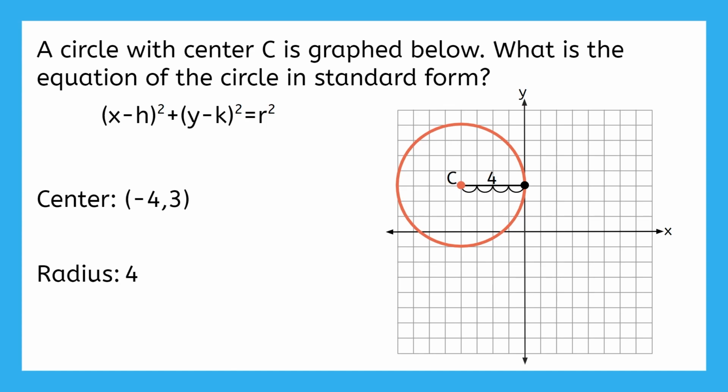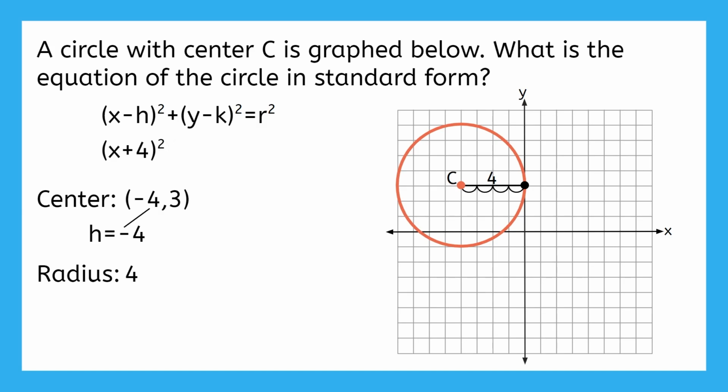Now that we have the center and radius, pause the video and try to fill in the standard form equation. From our center, we know that h is -4. If I put that in the standard form equation, I get x minus -4 squared. And I can simplify this expression to just x plus 4 squared.